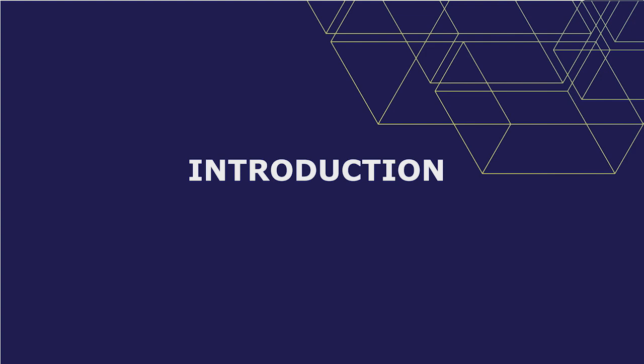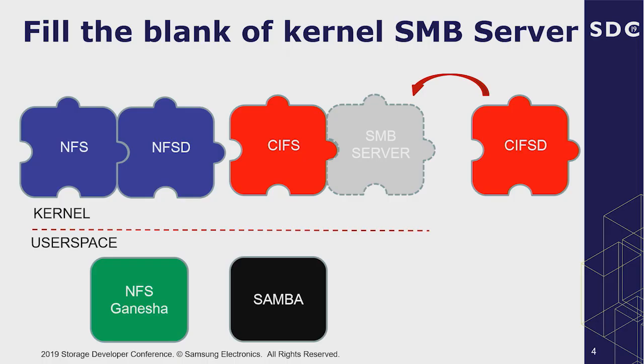From now, I would like to talk about the CIFSD introduction first. Currently, Linux has network file systems such as the kernel NFS client and NFS server, and the user space server NFS Ganesha. And SMB protocol implementations include the SMB client CIFS and user space Samba.